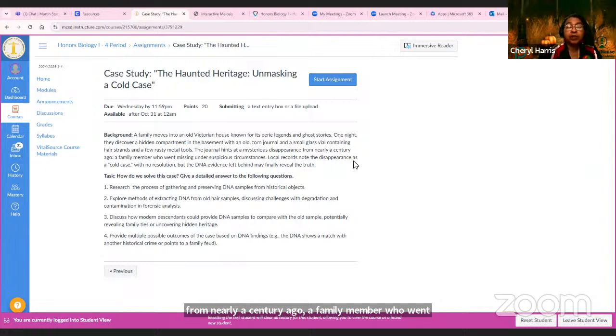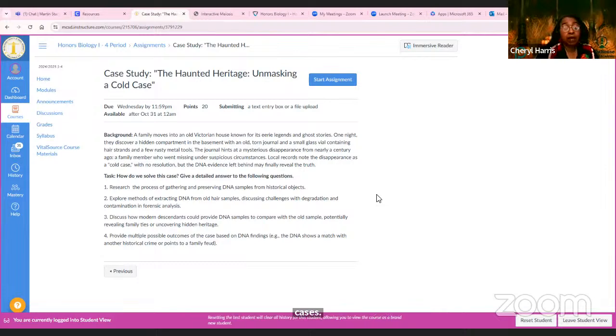Local records note that the disappearance is a cold case with no resolution, but the DNA evidence left behind may finally reveal the truth. In other words, 100 years ago, they didn't have DNA evidence to solve cases, but they do now, and they solve a lot of cases with DNA evidence.